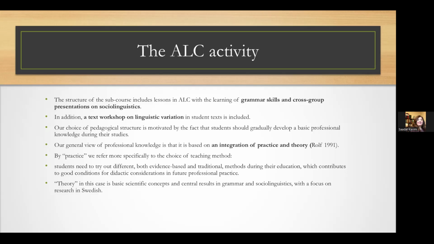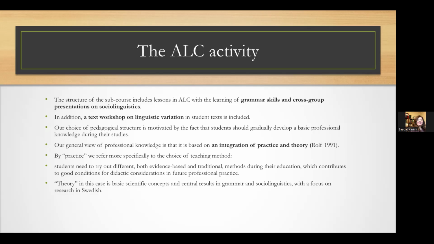By practice, we refer here more specifically to the choice of teaching method. Students need to try out different, both evidence-based and traditional, methods during the education, which contributes to good conditions for didactic considerations in future professional practice.